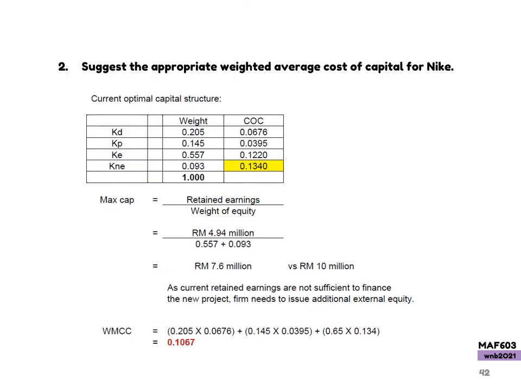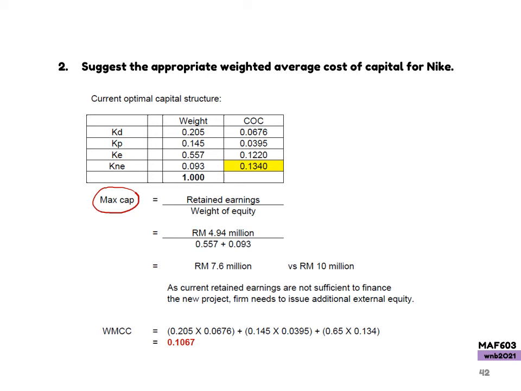The second part of the question require us to suggest the appropriate weighted average cost of capital for Nike. So dia suruh kita calculate WACC, but kita tak tahu yang kita kena cari WACC or WMCC. What we need to do first is kita kena buat evaluation based on maximum capex.